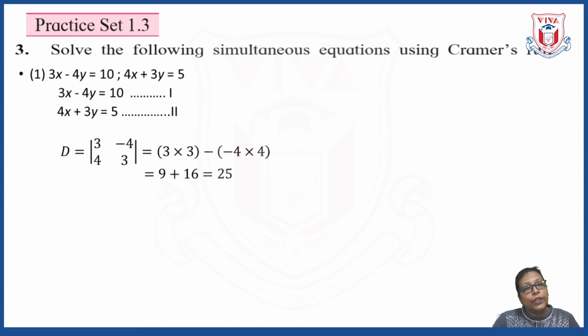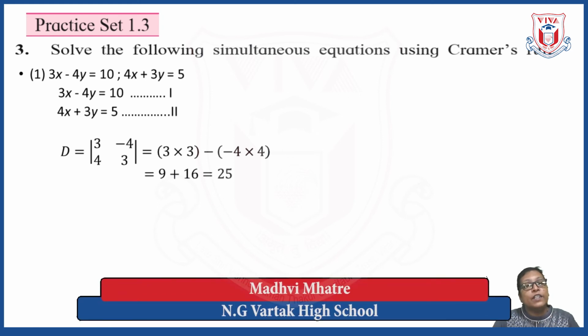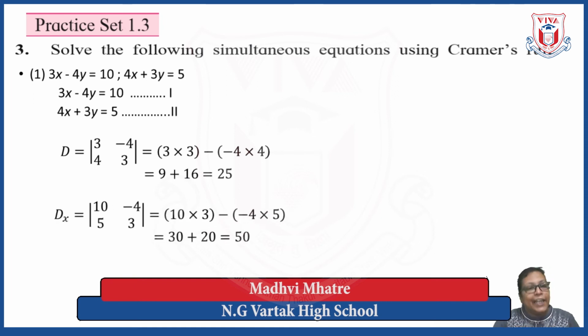Now let us write down Dx. As I have said, when you are writing Dx, you are not going to think of x. So forget x. And while writing Dx, you have to write down the values of c1, c2 first and then y. Okay. So let us write down second determinant Dx.